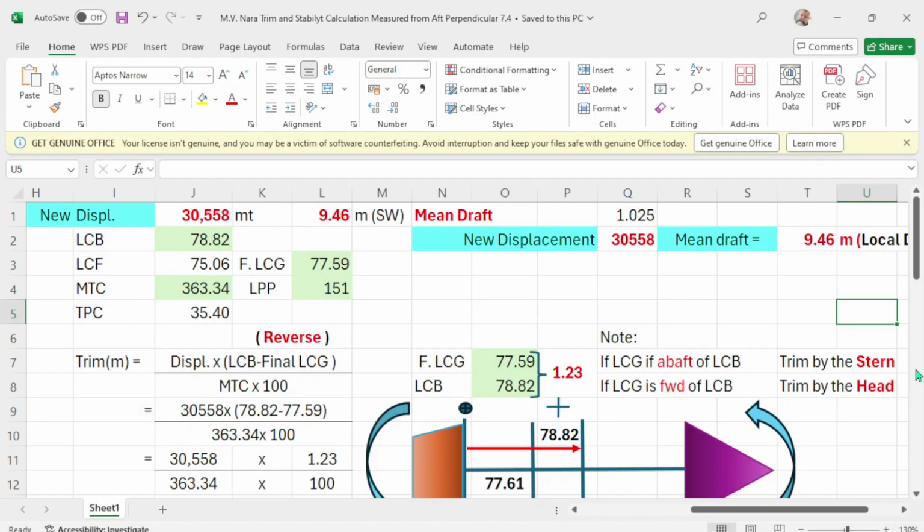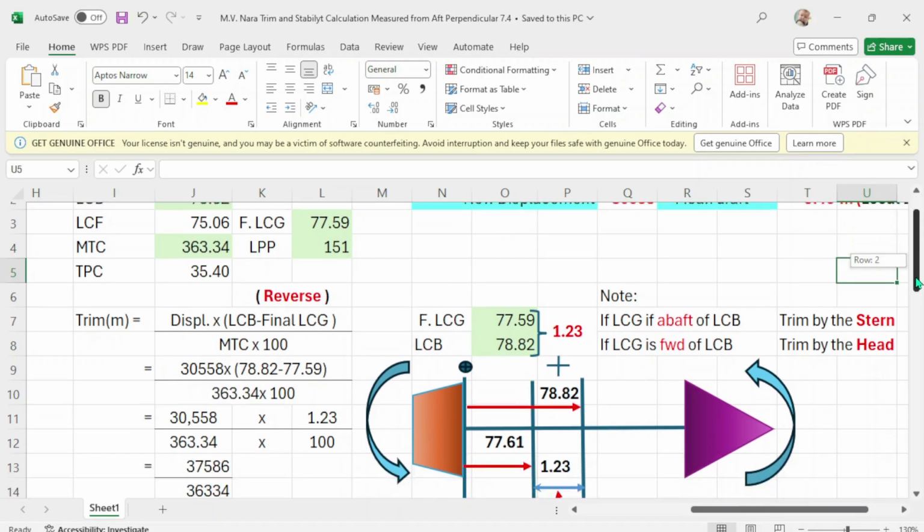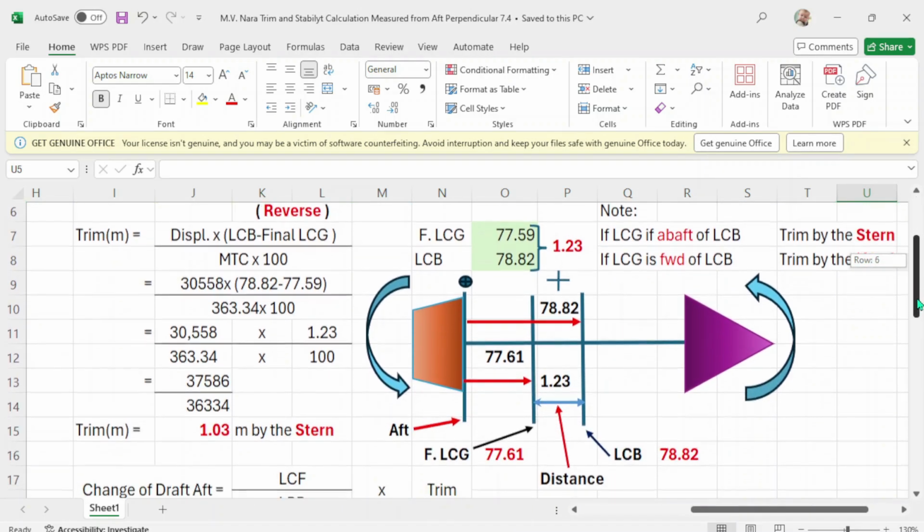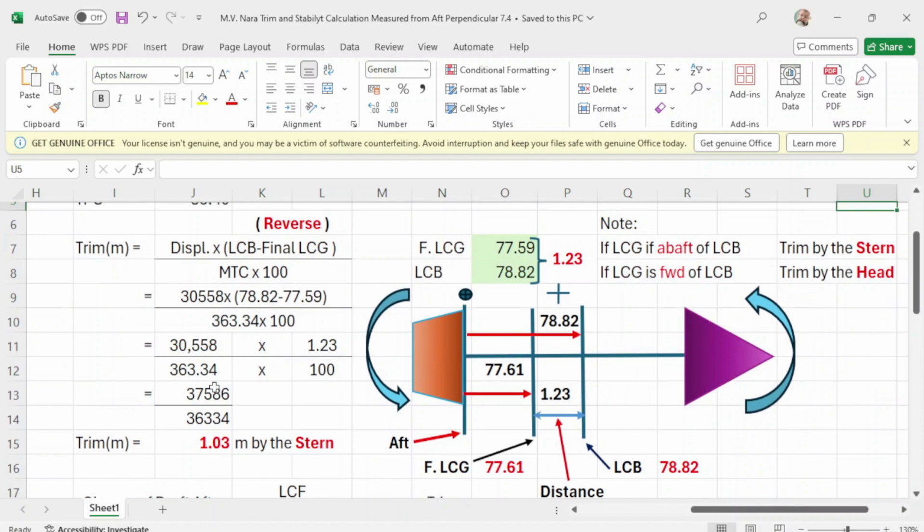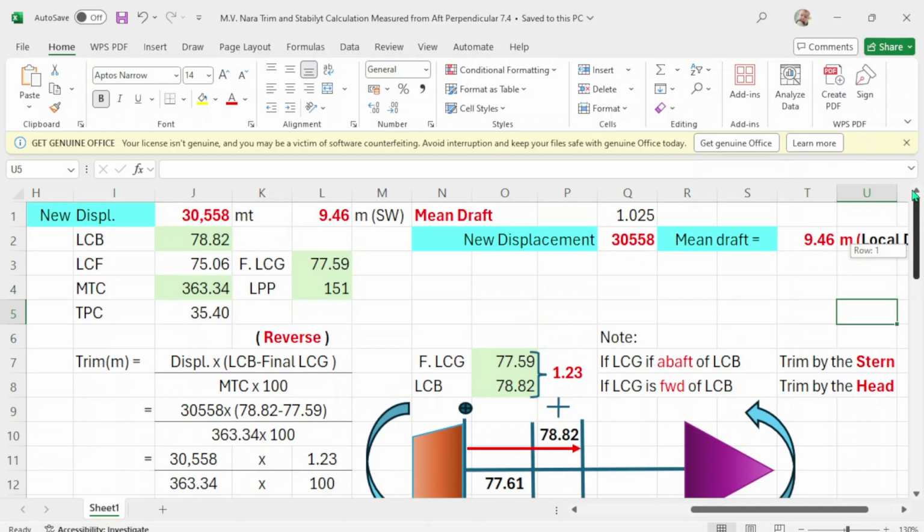Now, the next thing we do is solve for the trim. How to get the trim? The formula is displacement times LCB minus final LCG over MTC times 100. Okay? Now, transpose: displacement is 30558, which is this one, times your LCB.